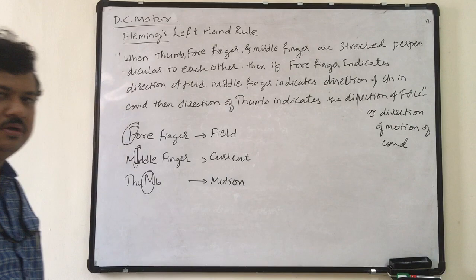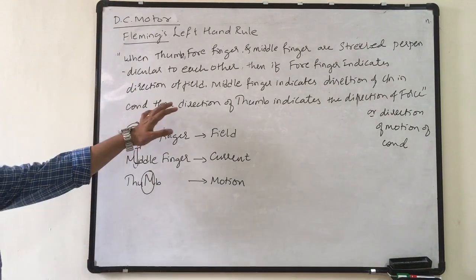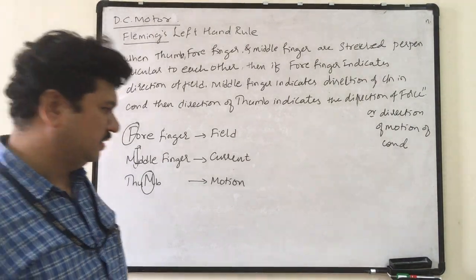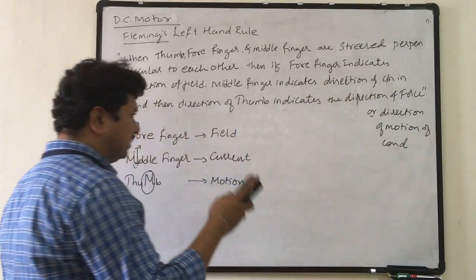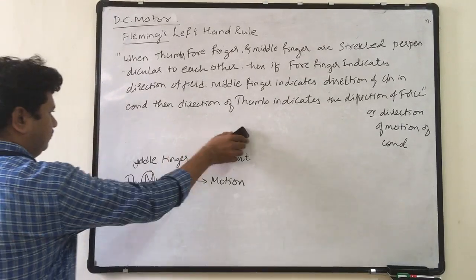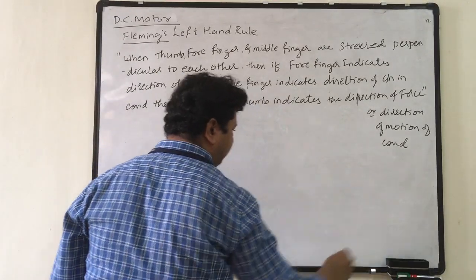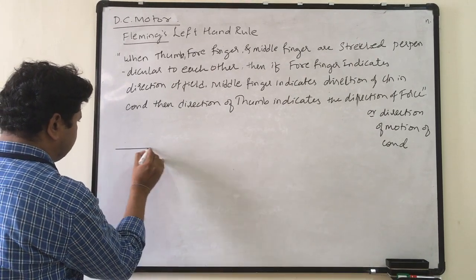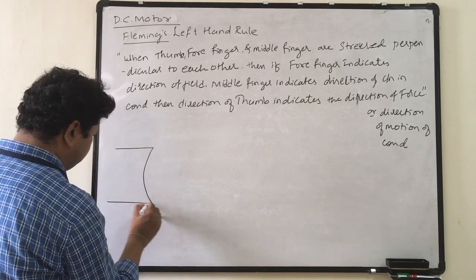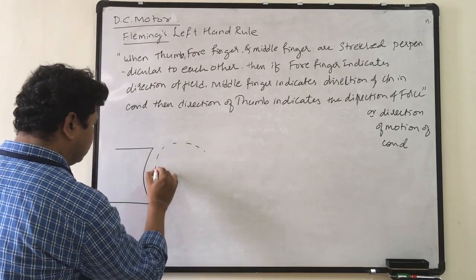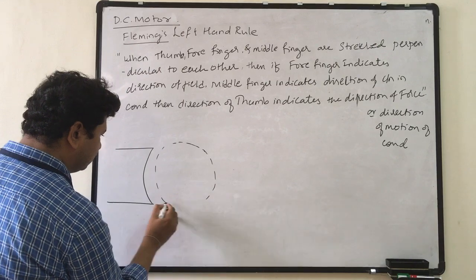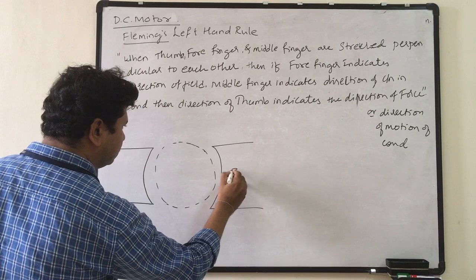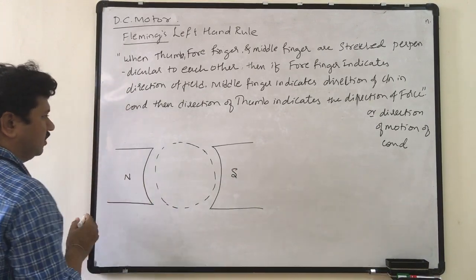Now I should cross check whether this statement holds good at every instant for the conductor, or every instant in the machine. Let us take a 2-pole machine. So this is south, this is north.